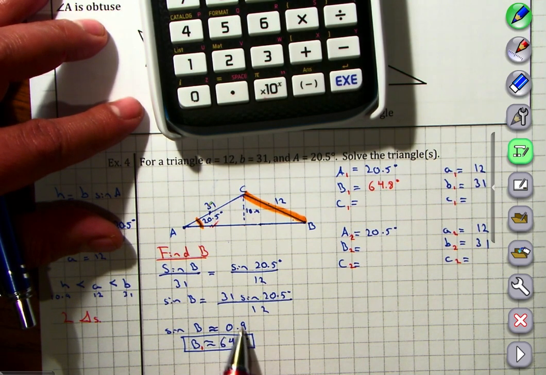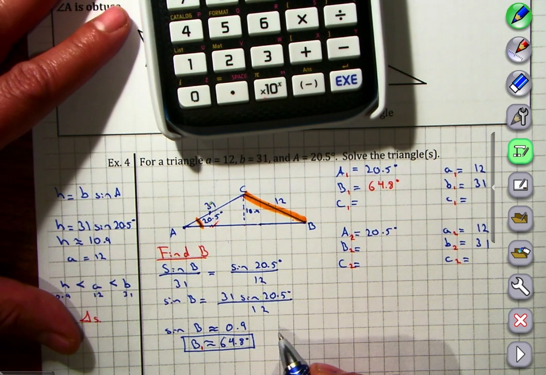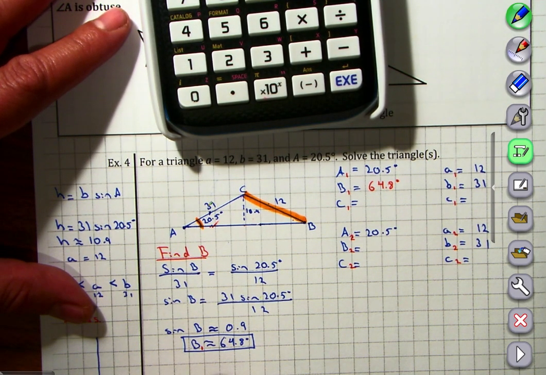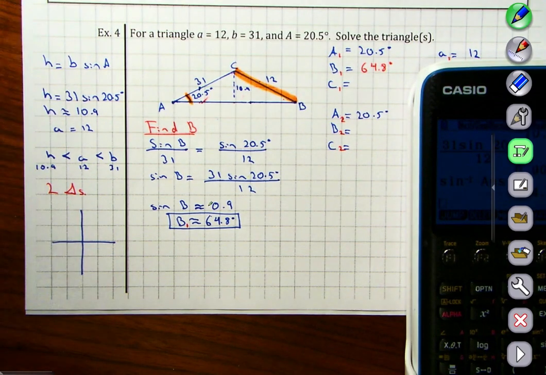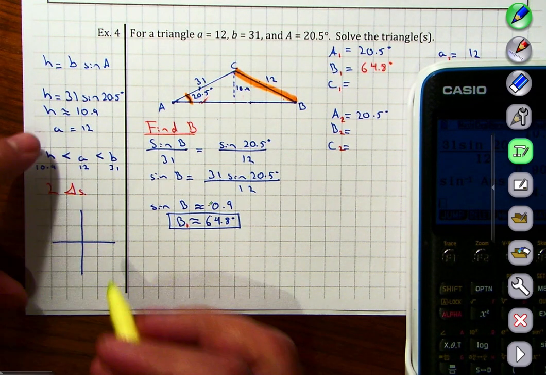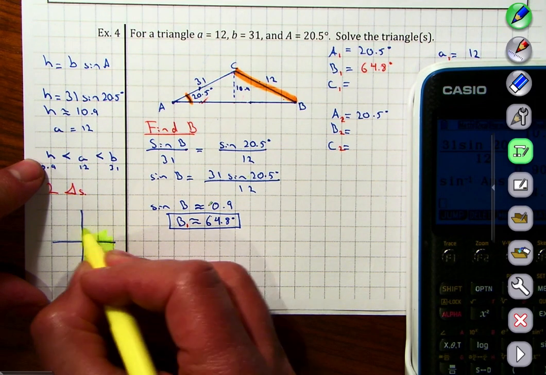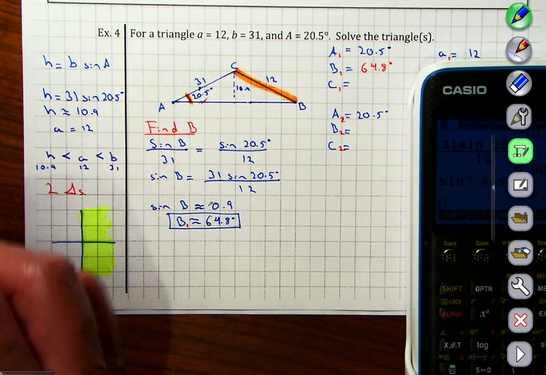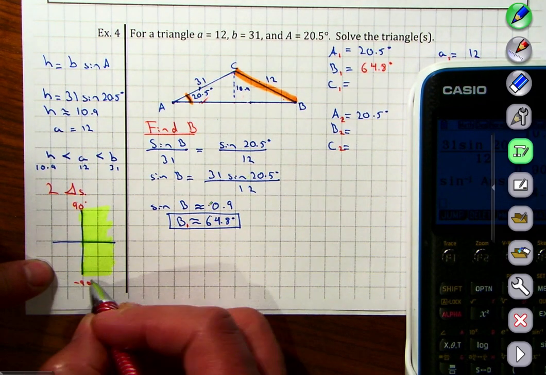Now remember that when you are using the inverse, it will only give you angles on one side. Sine is going to give you from negative pi over 2 to positive pi over 2, or in this case from negative 90 degrees to positive 90 degrees.